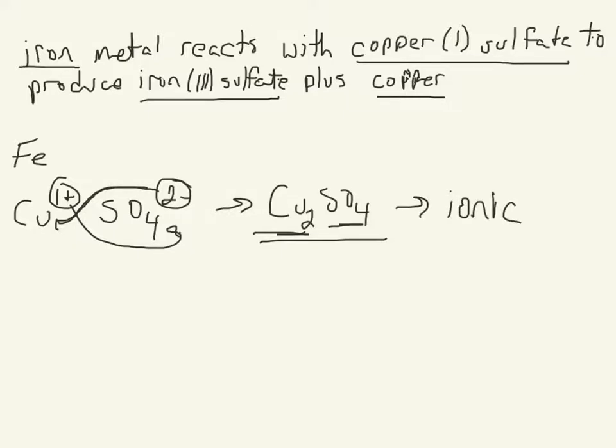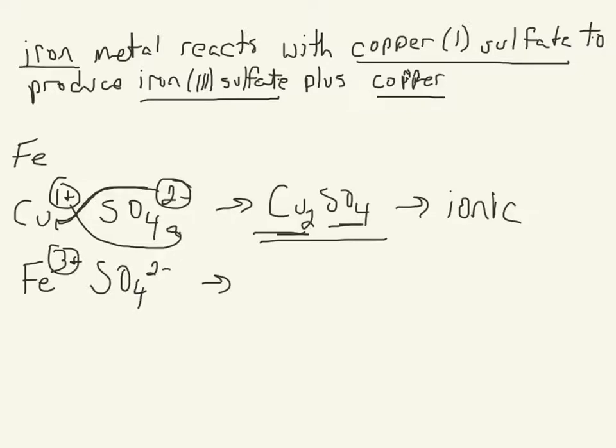The next one, we have iron 3 sulfate. Again, iron is a multivalent element because there's more than one stable form, which helps identify it using the Roman numerals. So we have Fe, and we know the 3 means a 3 plus charge. And we have sulfate again, which is SO4 2-.